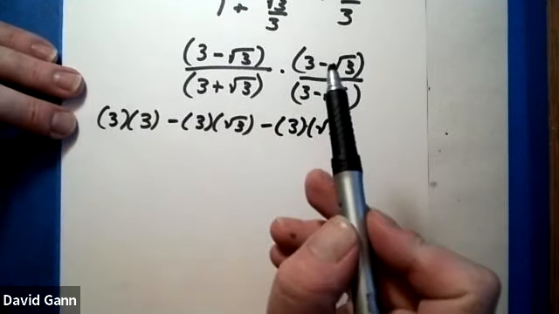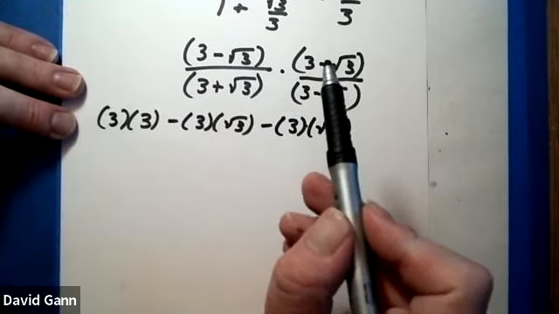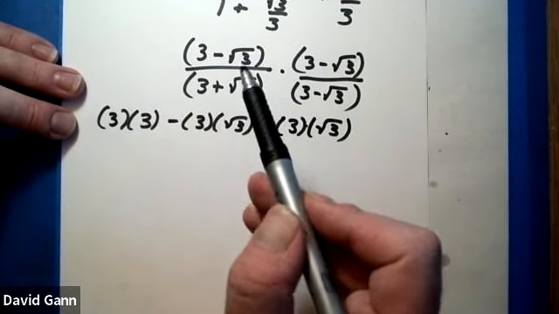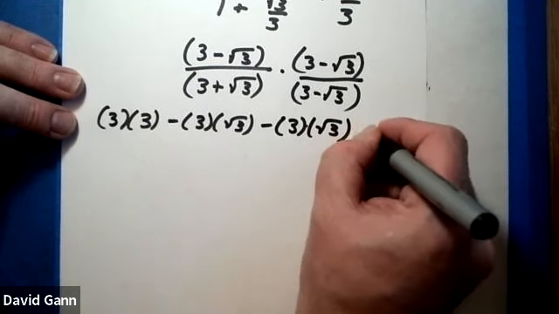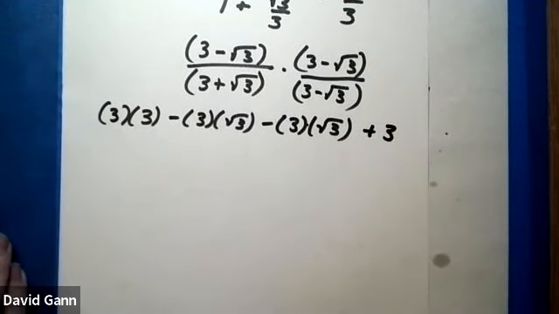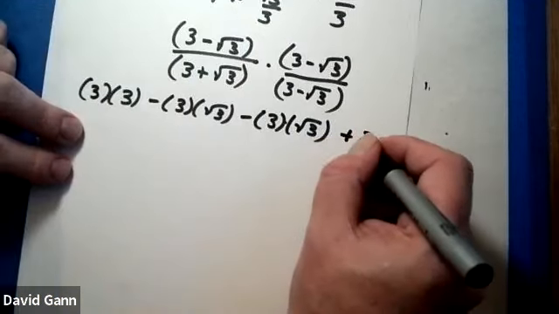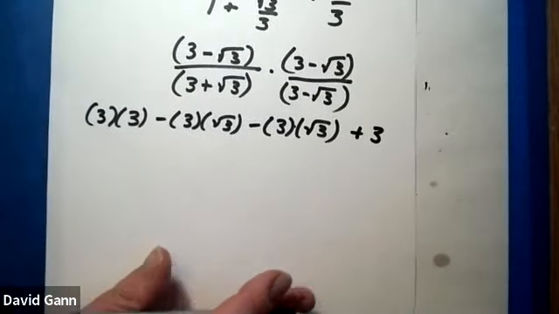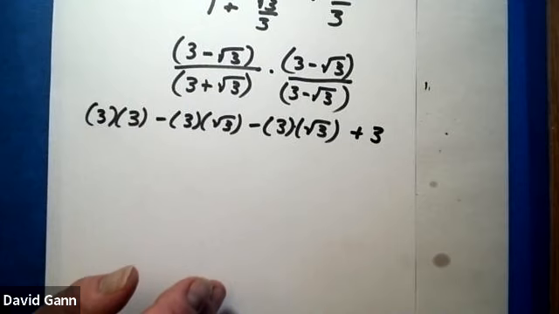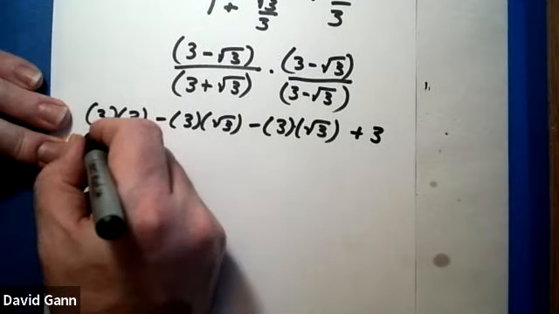And then finally, the last terms, when I multiply these together, negative square root of 3 times negative square root of 3 is actually just equal to 3. So that's the numerator. And I'll simplify that here in a second.